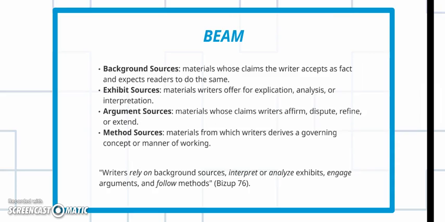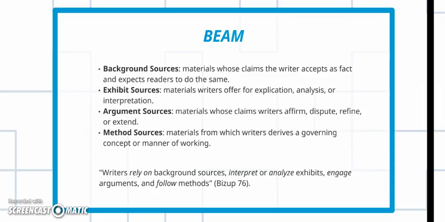Method sources are materials from which writers derive a governing concept or manner of working. Again, think in terms of your rhetorical analysis. A method source would be, say, Aristotle, from where we get terms like ethos, pathos, and logos, and kairos in rhetorical situation. That vocabulary allows us to go about the business of interpreting or creating a rhetorical analysis.